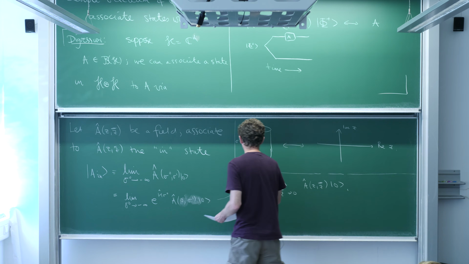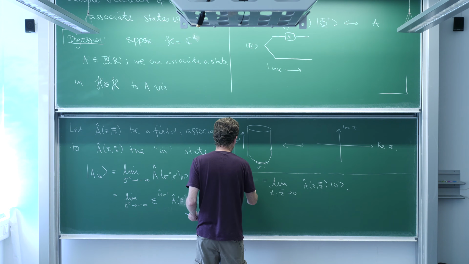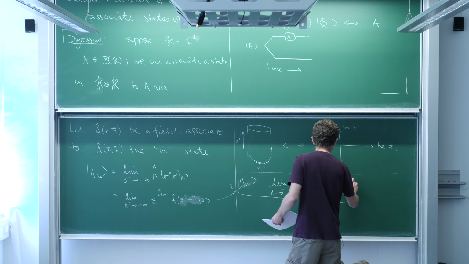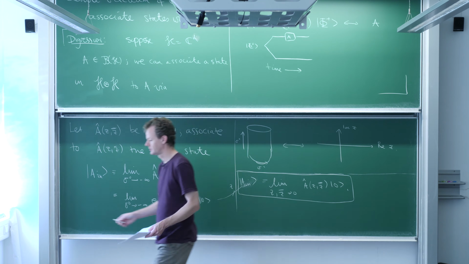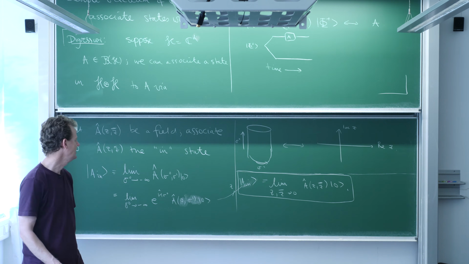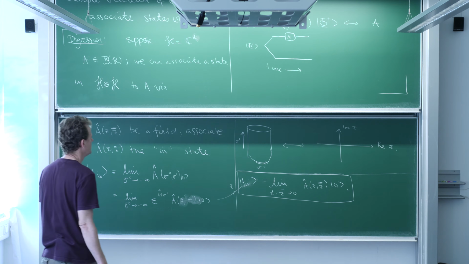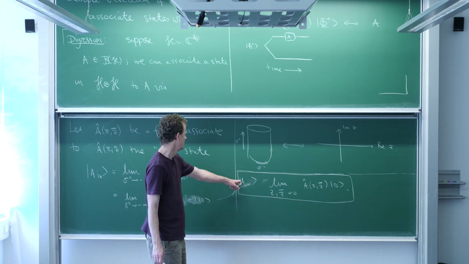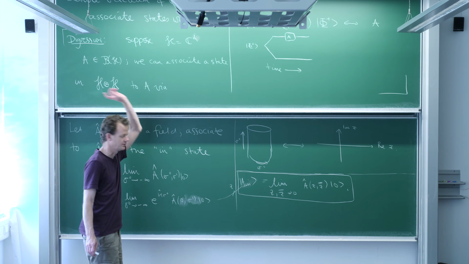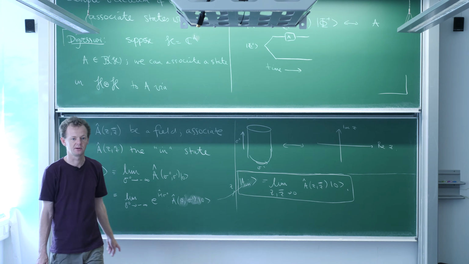And so we end up with this definition here. Corresponding to every field operator, there's an in state, defined as: just take your field operator and send it off to infinity, infinitely far in the past.